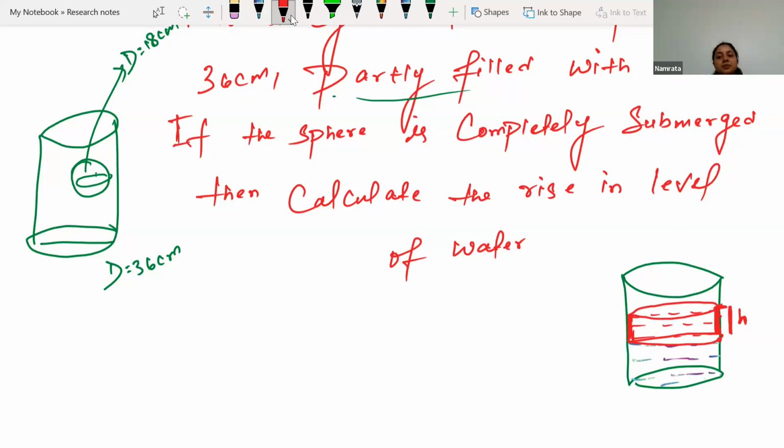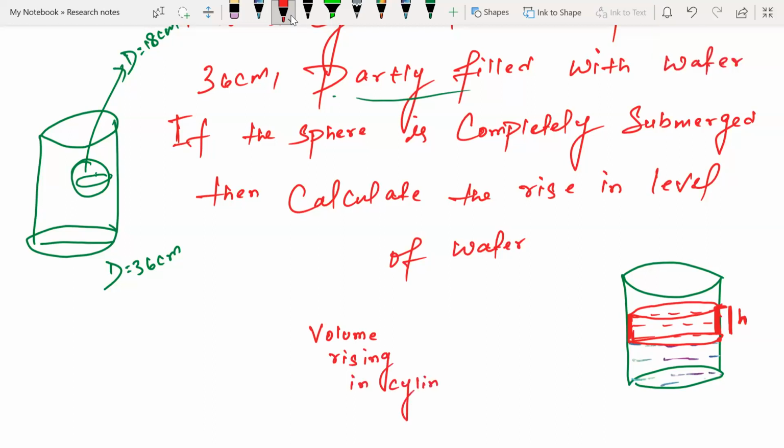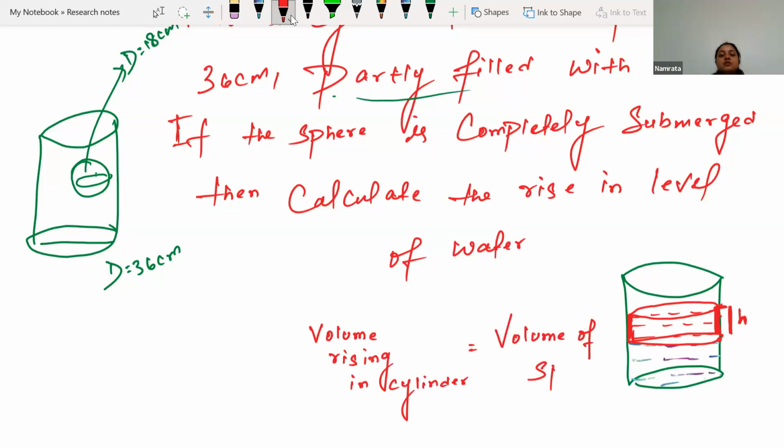Everyone is getting that? So the volume rising in the cylinder, which is just another cylinder only, is equal to the volume of the sphere. Can you see it? Yes, ma'am. Once you drop the sphere, it will occupy volume, and that volume is what will be rising in the cylinder.